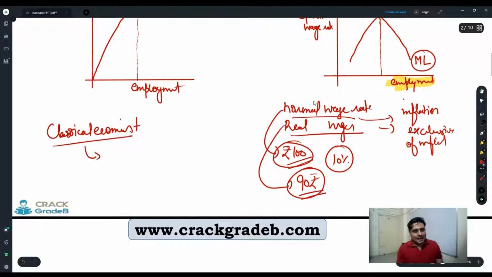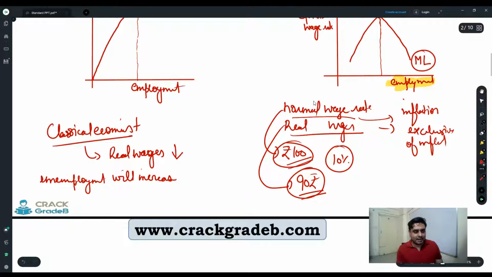What they are saying is that if real wages are going to decrease, then what will happen? They are not saying that unemployment will increase.